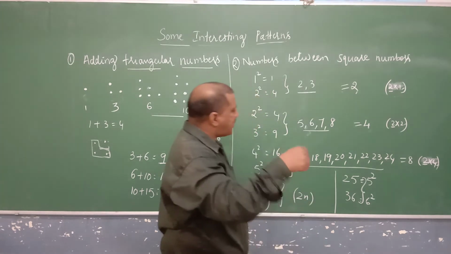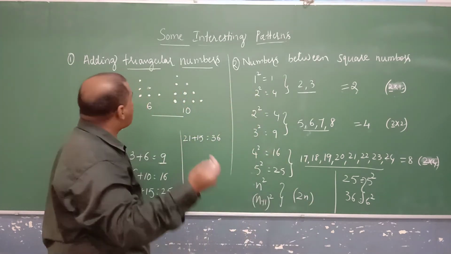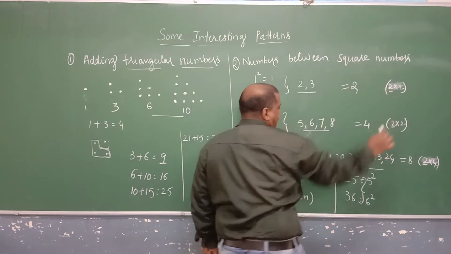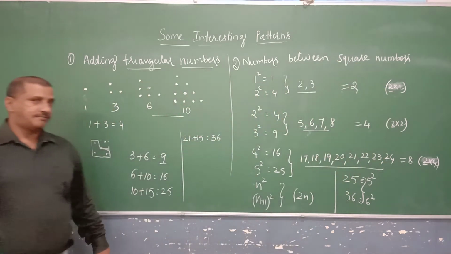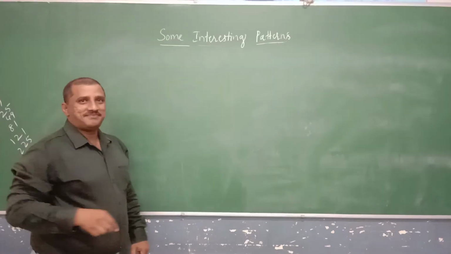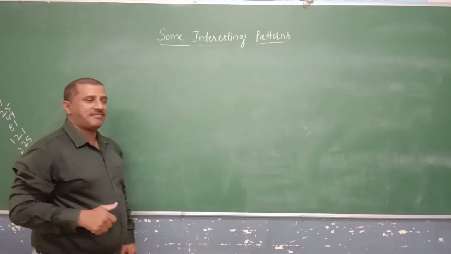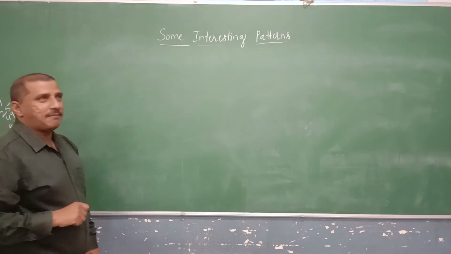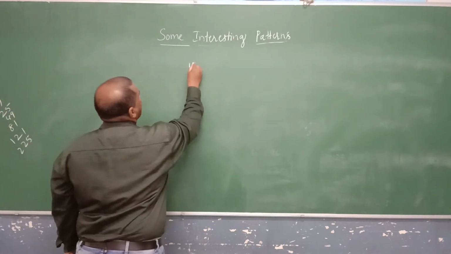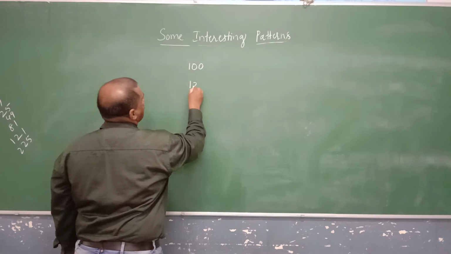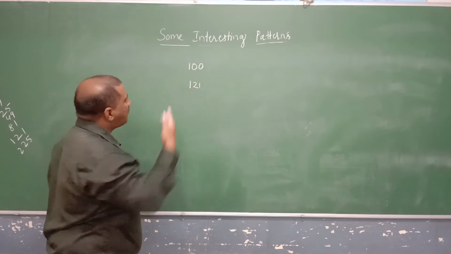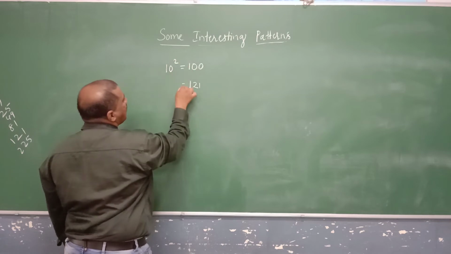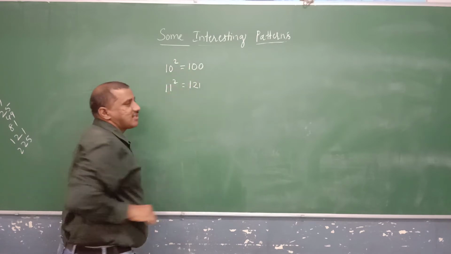Even if you go for other numbers, 100 is a perfect square number. Now, the number of non-perfect squares between 100 and 121. 100 is 10 square, and 121 is 11 square.